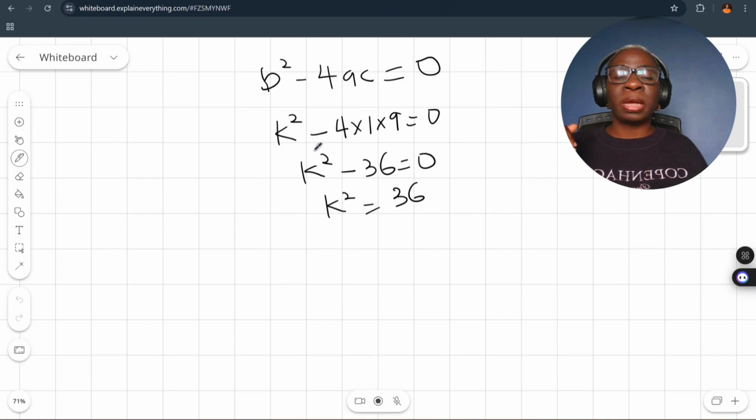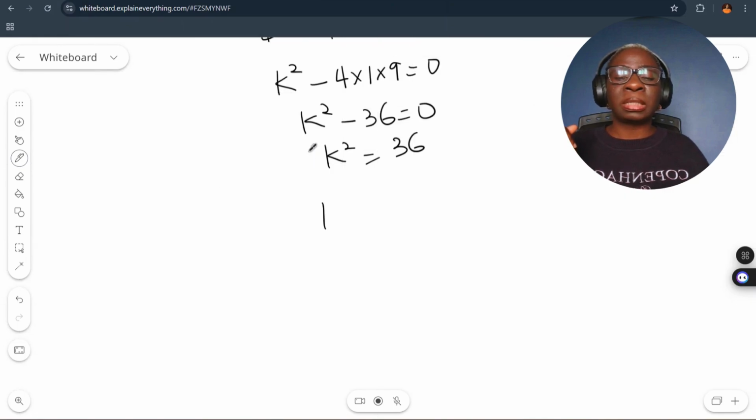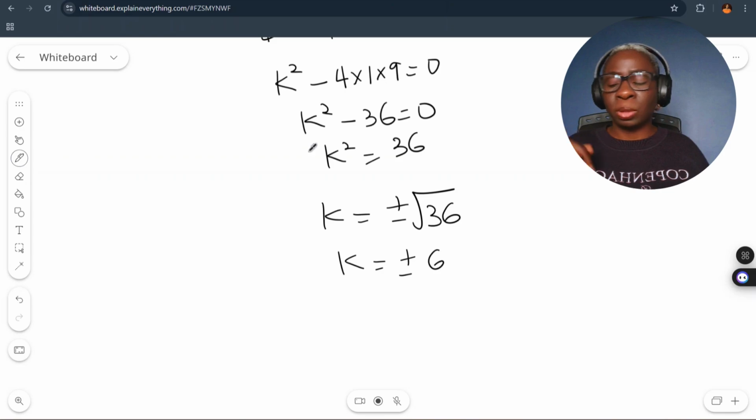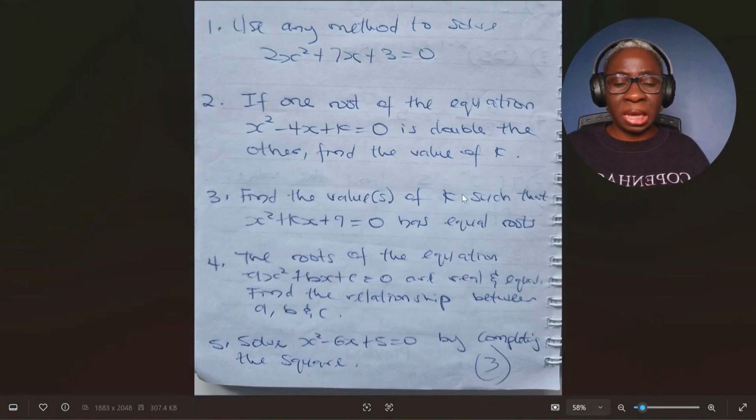So k will be equal to plus or minus the square root of 36, and that means k is equal to plus or minus 6. So plus 6 and minus 6 are the values of k that make this equation have equal roots.